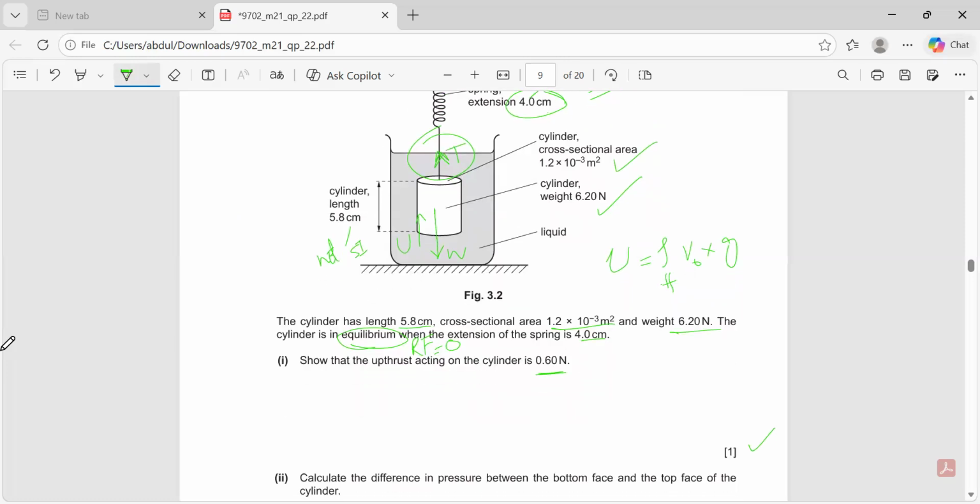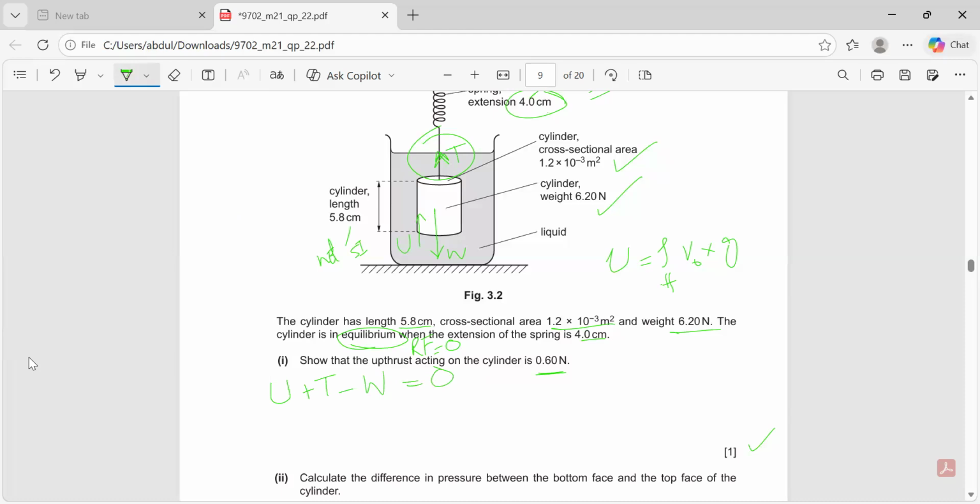As I told you already, the cylinder is in equilibrium, resultant force is 0. So it means we need U plus T minus W equal to 0.